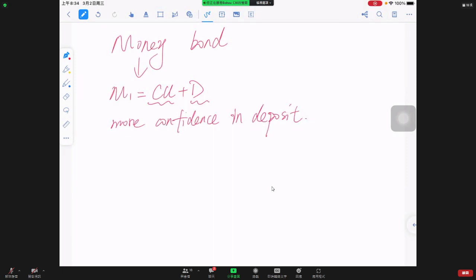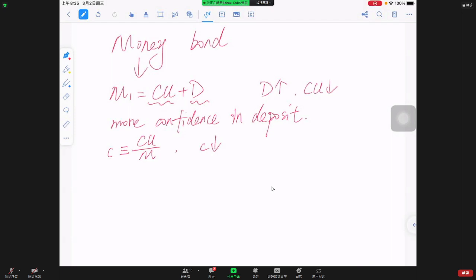You can recall we have a small c, which was CU over M. With more confidence in deposit, people tend to hold more deposit and less currency, right? So with this deposit insurance, this small c will decrease, right?